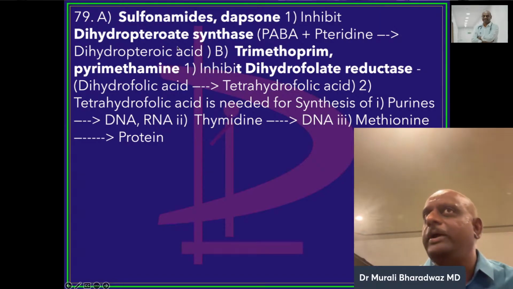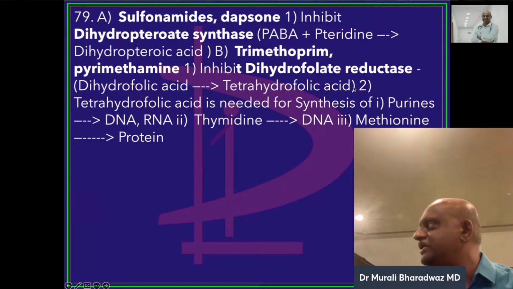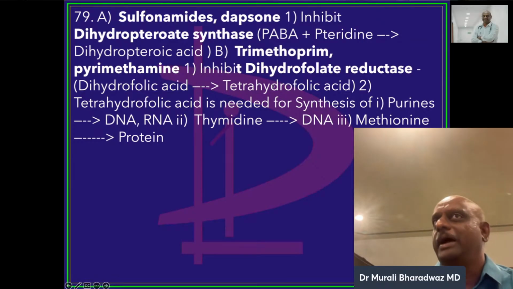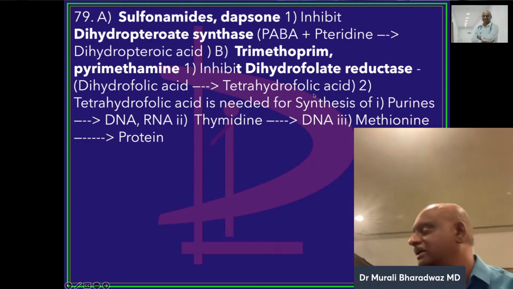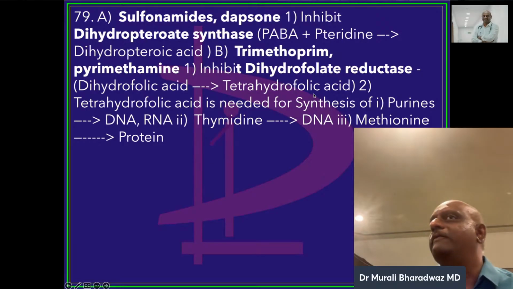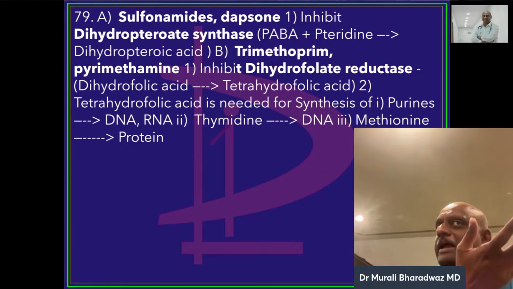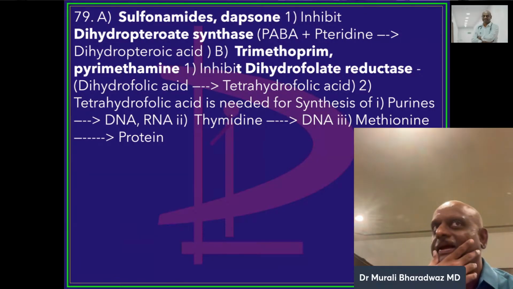Once dihydropteroic acid is formed, it needs to undergo reduction. Dihydrofolate reductase will convert dihydrofolate to tetrahydrofolate, and tetrahydrofolate is required for the synthesis of purines, that is DNA and RNA, also needed for thymine in DNA, and for methionine, which is important for protein synthesis.